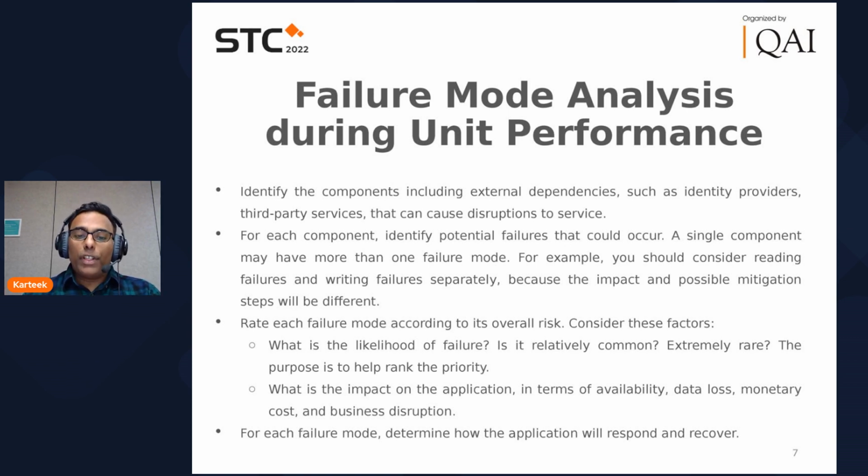We rate each of these components based on the likelihood of their failure, whether they are common or extremely rare, and what is the impact of that failure in terms of availability, latency, monetary, or business disruption. And then we define an approach for how we can mitigate or solve it instantaneously, or whether the recovery requires certain time, and whether the recovery approach falls under the recovery time objective for us.